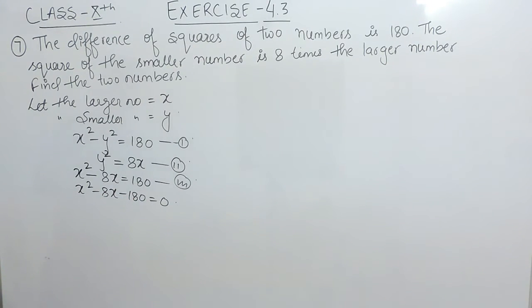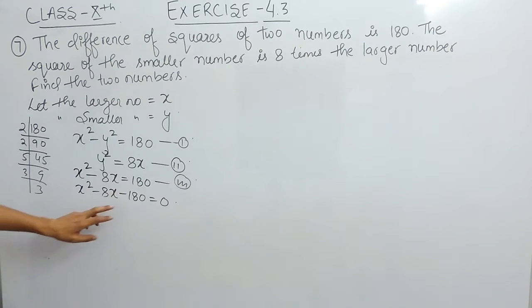For that, if you are not able to find the numbers on your own, you can factorize this 180. This is 2 into 90, 2 into 45, 5 into 9, and 3 into 3. So these are the factors. Take any two of them and you will be able to find the value.